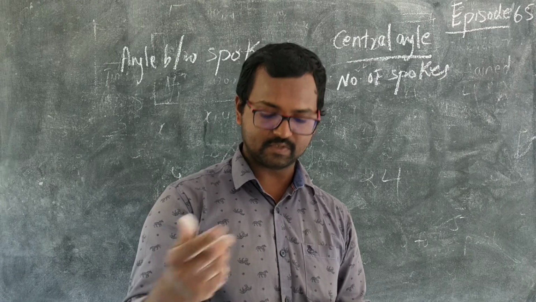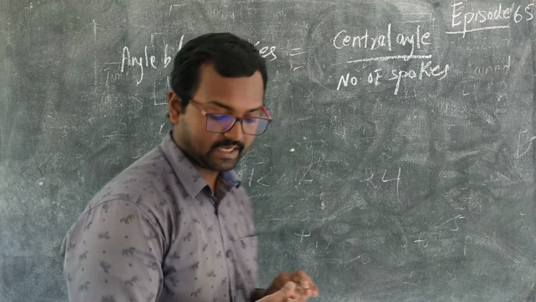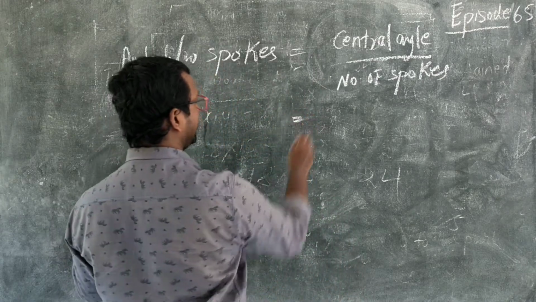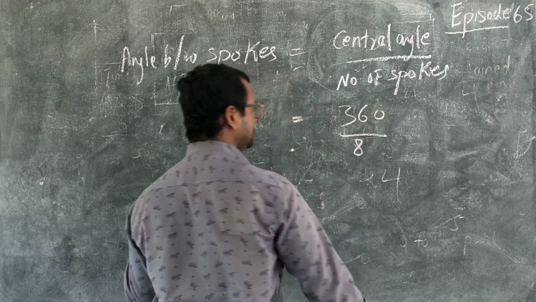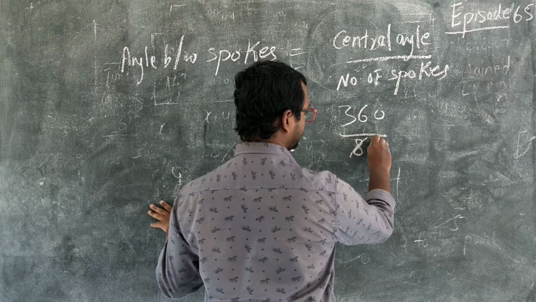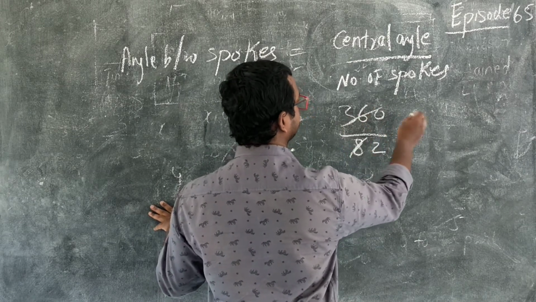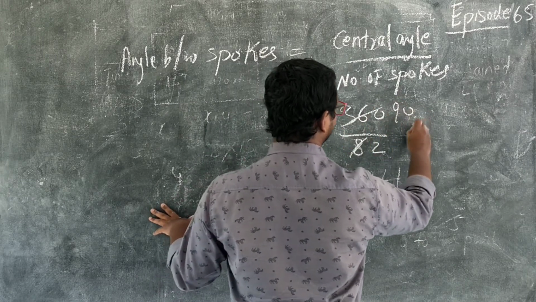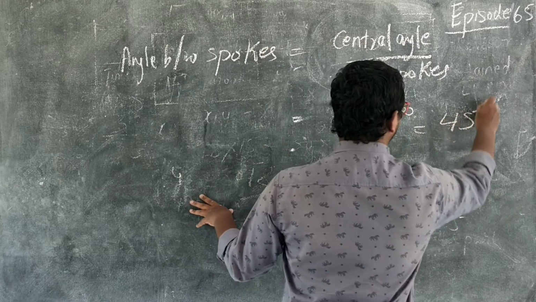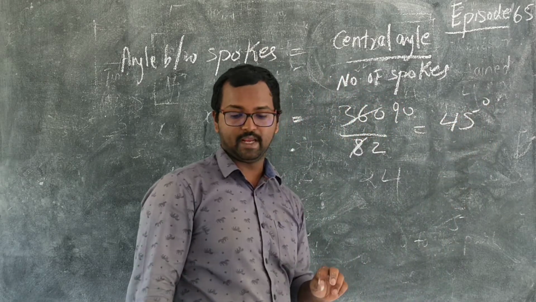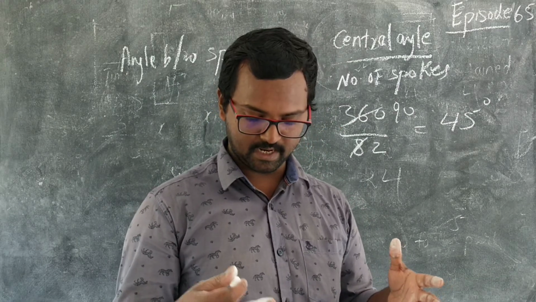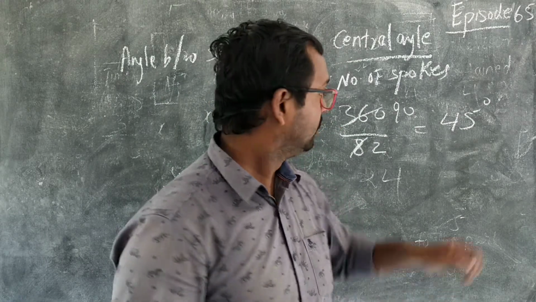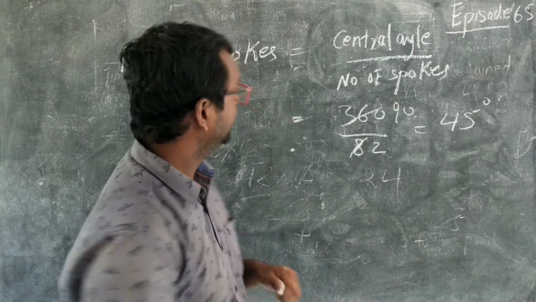For 4 it is 90 degrees, for 6 it is 60 degrees, for 8 we have to find. So for 8, 360 by 8. How much is it? 4 fours are 90, 90 by 2, 45 degrees. So for 8 spokes, the angle between a pair of consecutive spokes is 45 degrees.